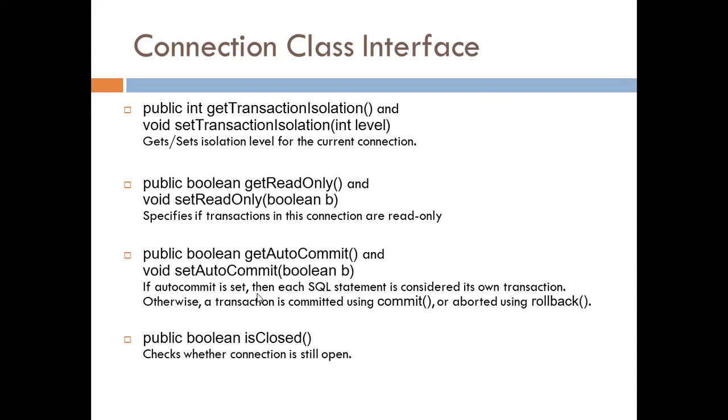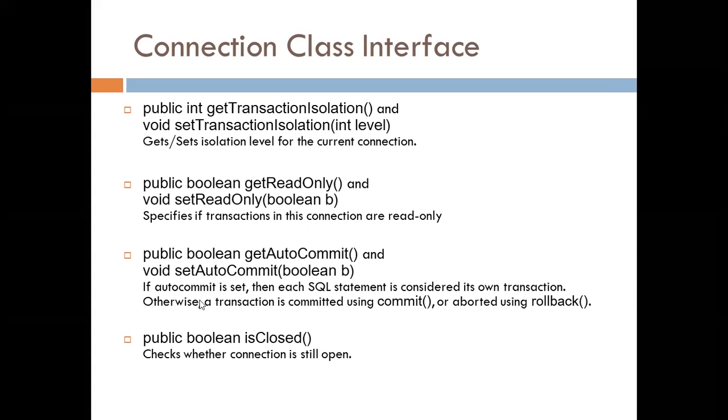Apart from this, there are certain methods provided in Java, such as getTransactionIsolation, which gets or sets the isolation level for the current connection. Then getReadOnly and setReadOnly specify whether the transaction on this connection is read only or not, which means whether we are only reading data from the database or at the same time writing or updating data.